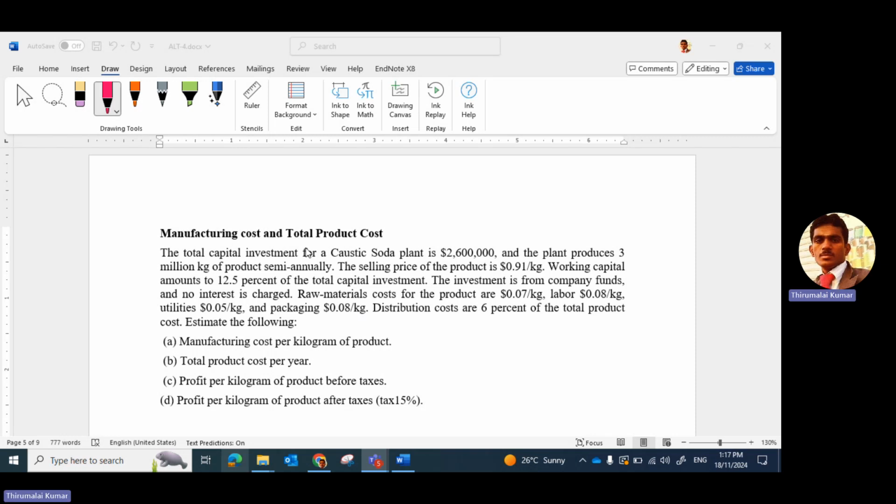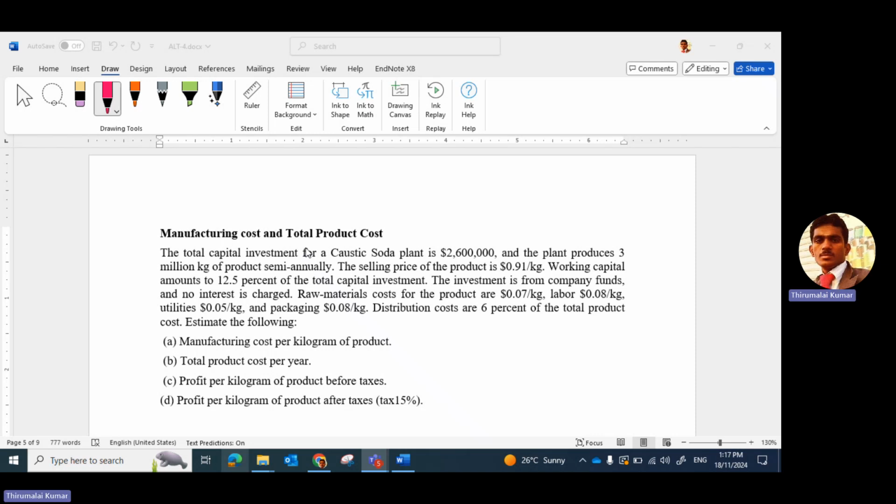So what is the purpose of calculating manufacturing cost in industries? Normally, whenever we are making any product, once it reaches the public through the market, we want to know what should be the minimum price. How can you accommodate the price for each good or each item or each equipment?